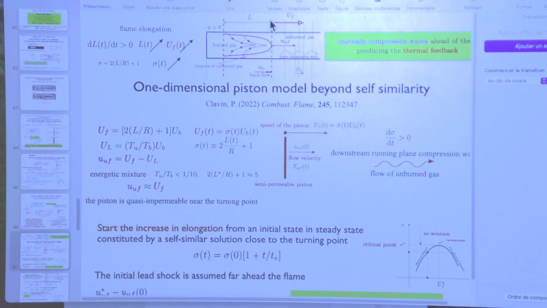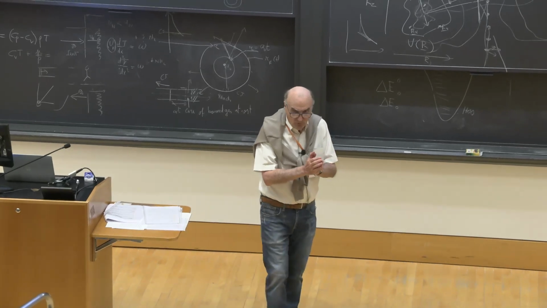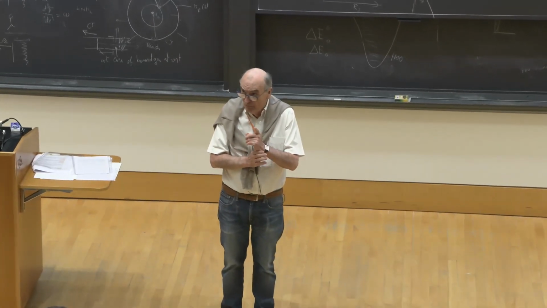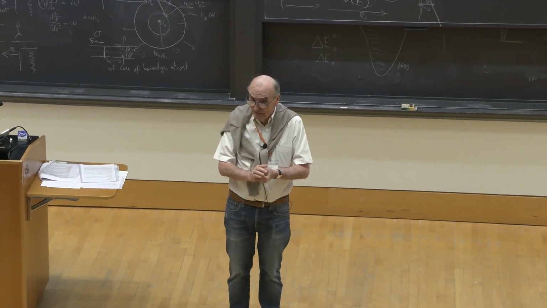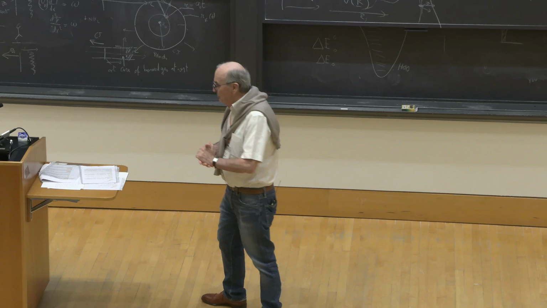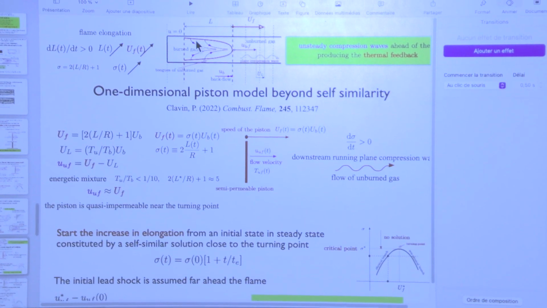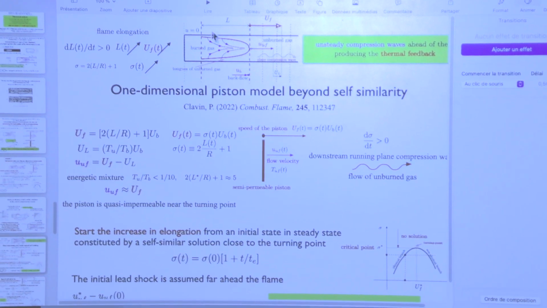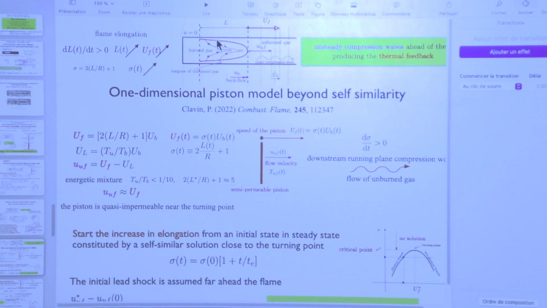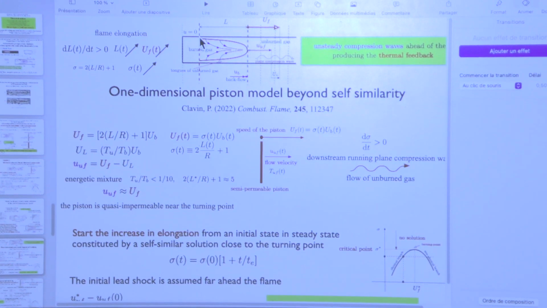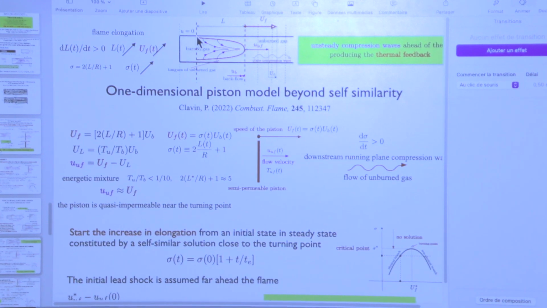And I will not describe the basic mechanism of the increase of the elongation. This is a very, very difficult problem to understand. People say, okay, it is simple, the flame is stuck at the wall, and now you have a velocity profile which is not homogeneous. You are going faster in the middle than at the wall, so you stretch. It turns out that the problem is a little bit more complicated than that, and I don't want to enter into it.